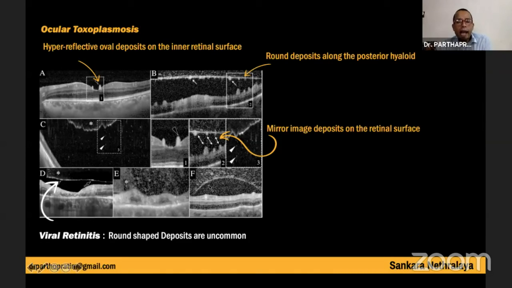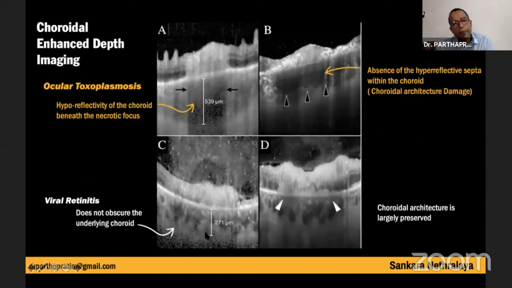It can also have round deposits, like you can see here in the posterior hyaloid. And sometimes it can have mirror-imaging deposits on the retinal surfaces, as you can see here with these double arrows. Whereas in viral retinitis, these round-shaped deposits are relatively uncommon.